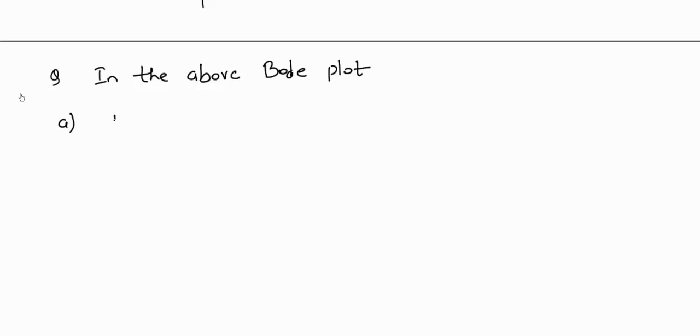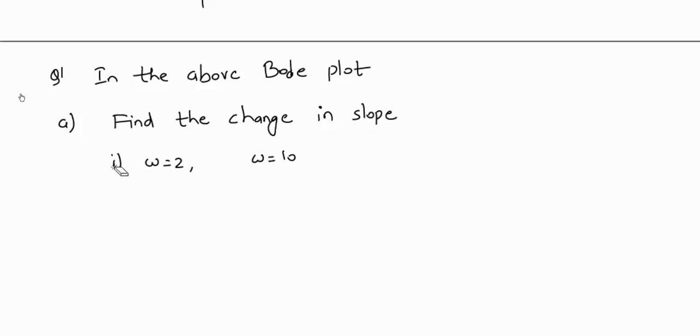A, find the change in slope first at omega equal to 2, omega equal to 10, omega equal to 20, omega equal to 50, omega equal to 100, omega equal to 200, and so on. So you can do it.